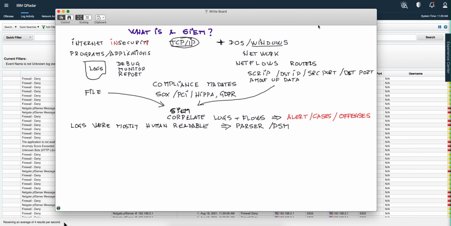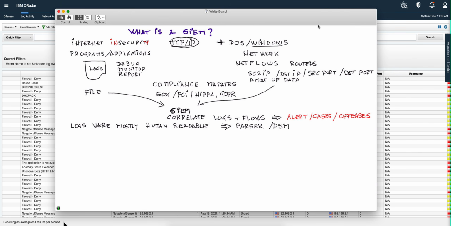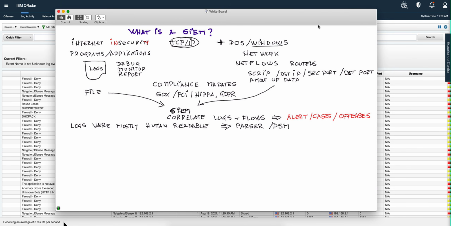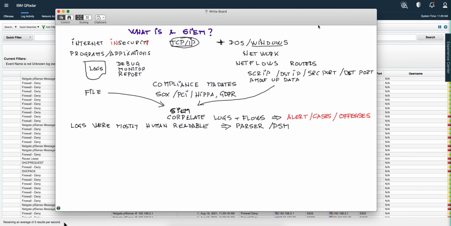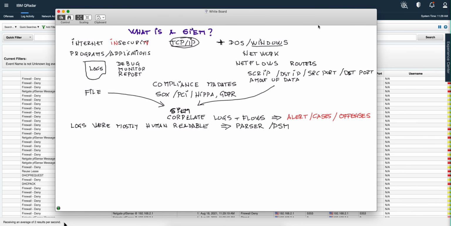Now, the challenge of those human readable logs is that it's not easy in computer technology to really understand. I mean, we didn't have technologies like AI and Watson and those things that can understand spoken or written language.